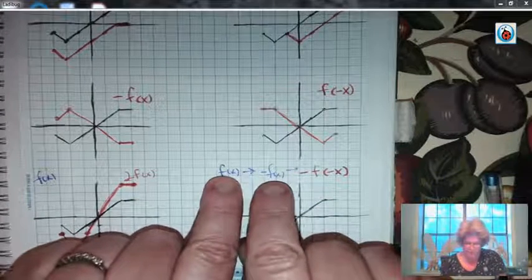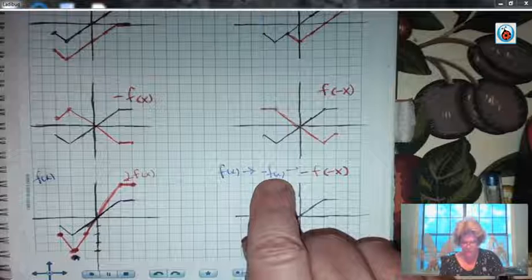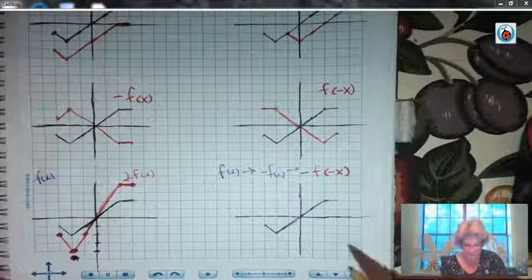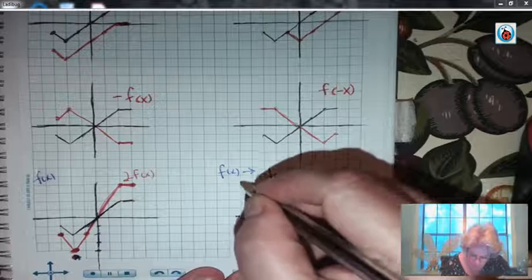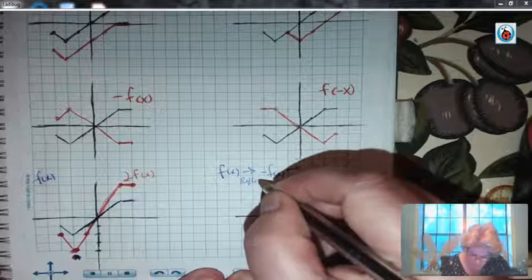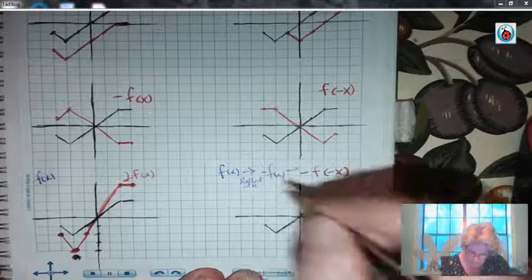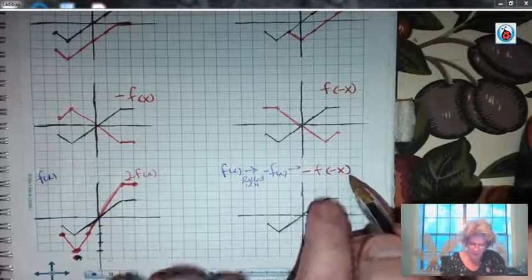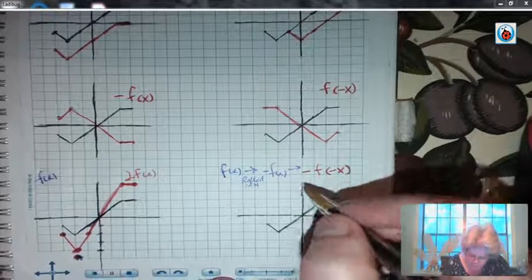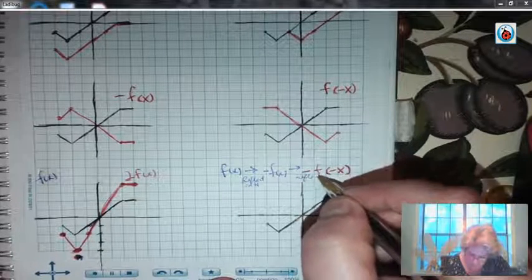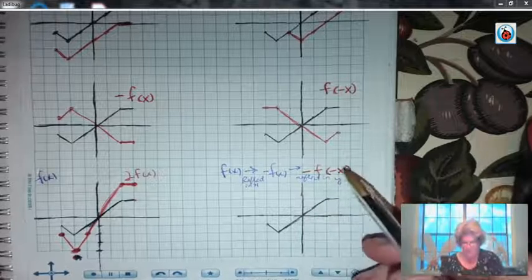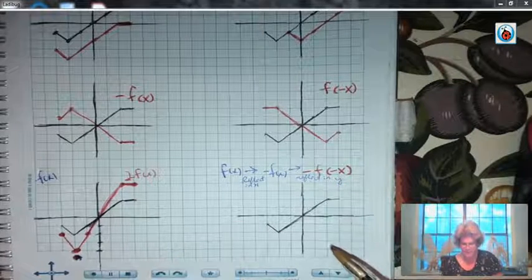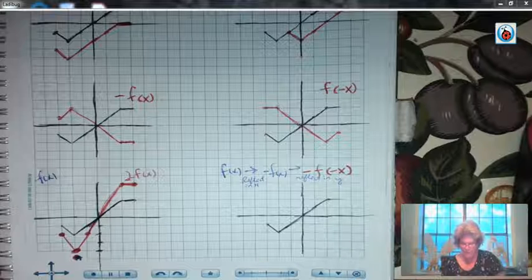So to get from here to here, I will need to reflect that in the x-axis. And then to get from here to here, I'll have to take that reflection and reflect it in y. So to get the red one, I need to take this, reflect it in the x, and then reflect that in the y.